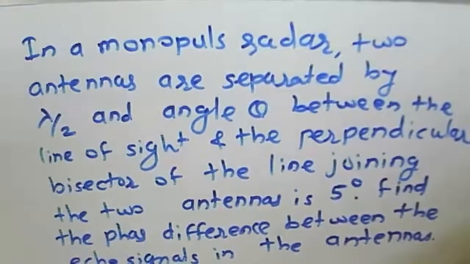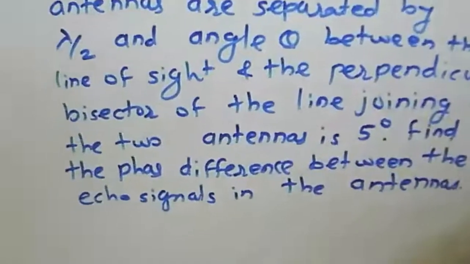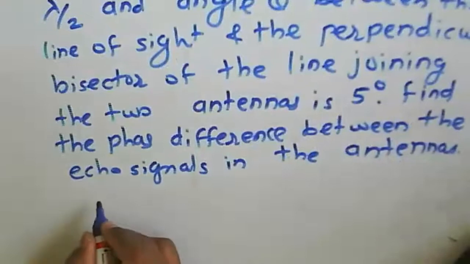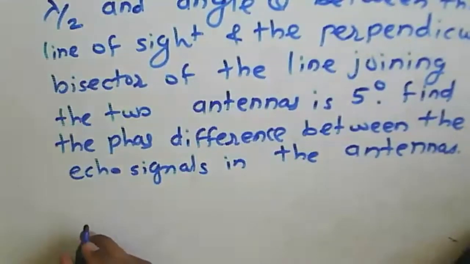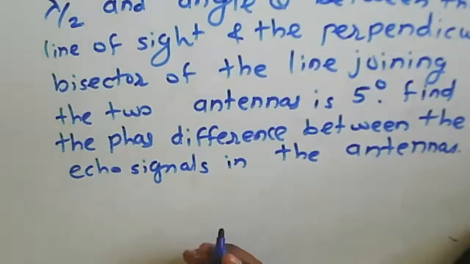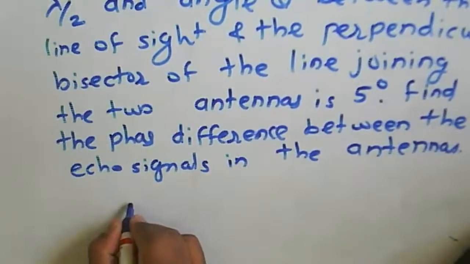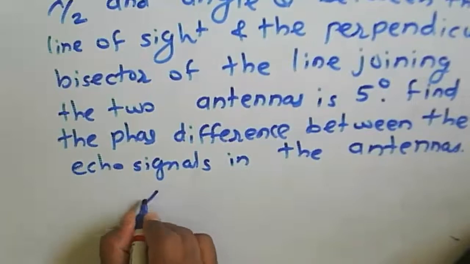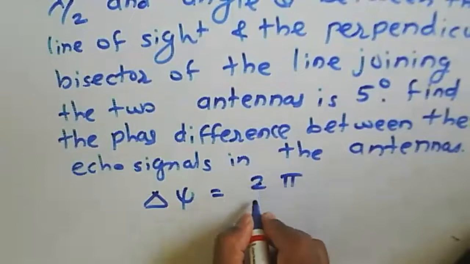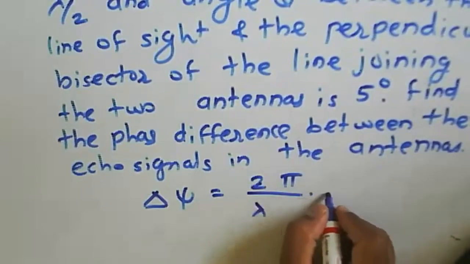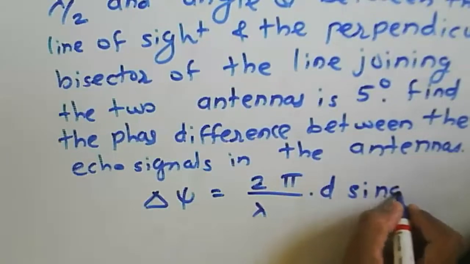So we need to find out what the phase difference between the echo signals is. The phase difference is given by 2π/λ times d sin θ.